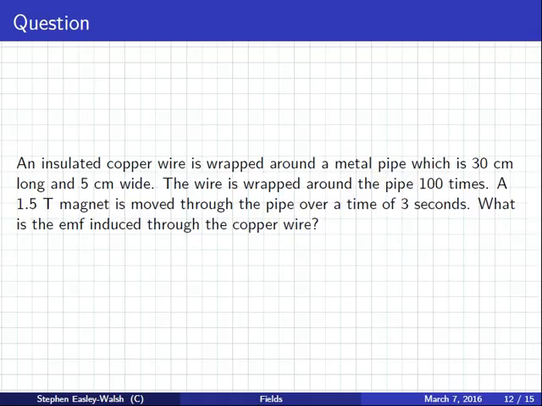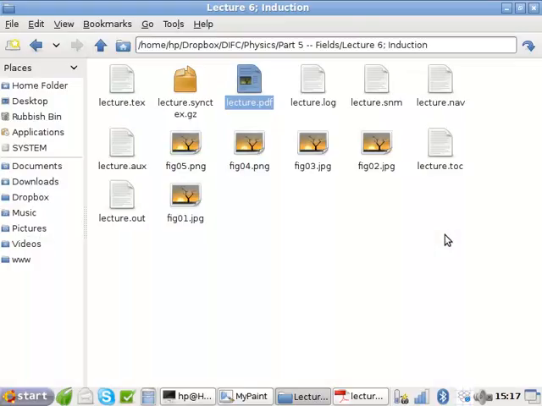So you have a copper wire wrapped around a metal pipe, which is 30 by 5, 100 times, and a 1.5 magnet running through it.